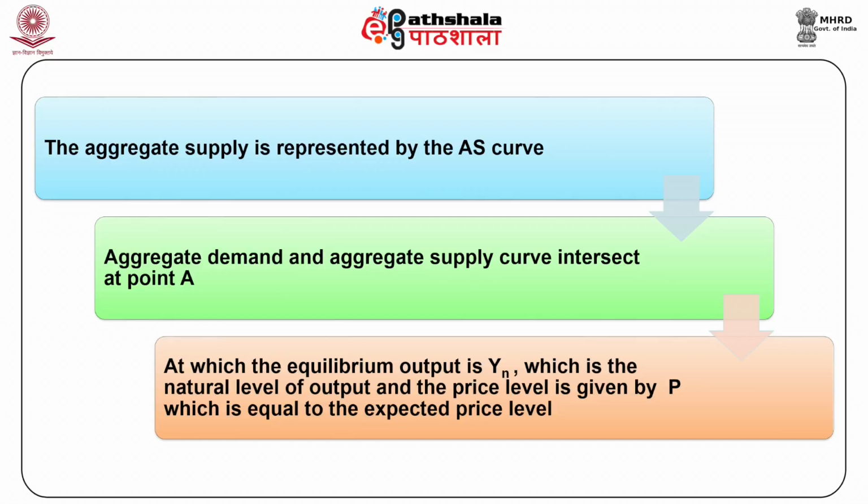The AD and AS curves intersect at point A, at which the equilibrium output is Yn, which is the natural level of output, and the price level is P, which equals the expected price level.